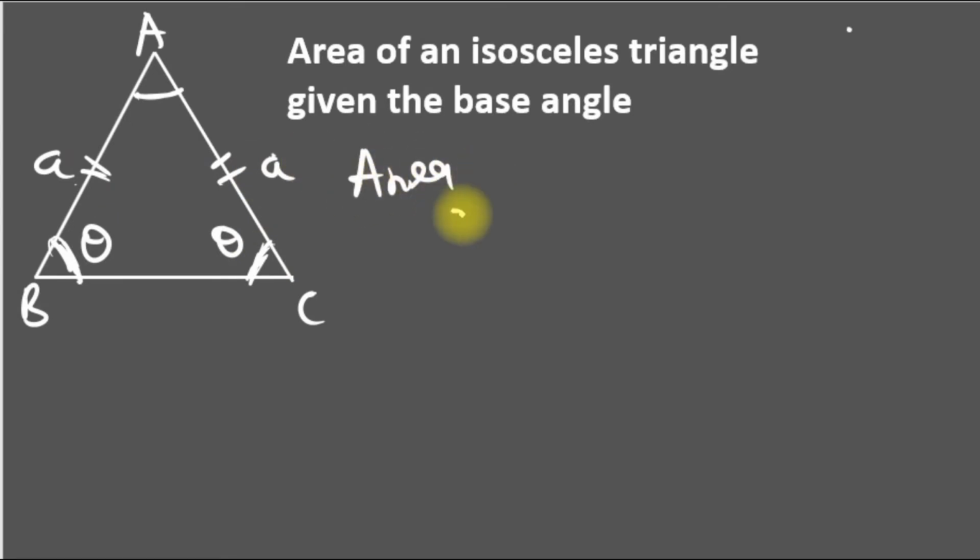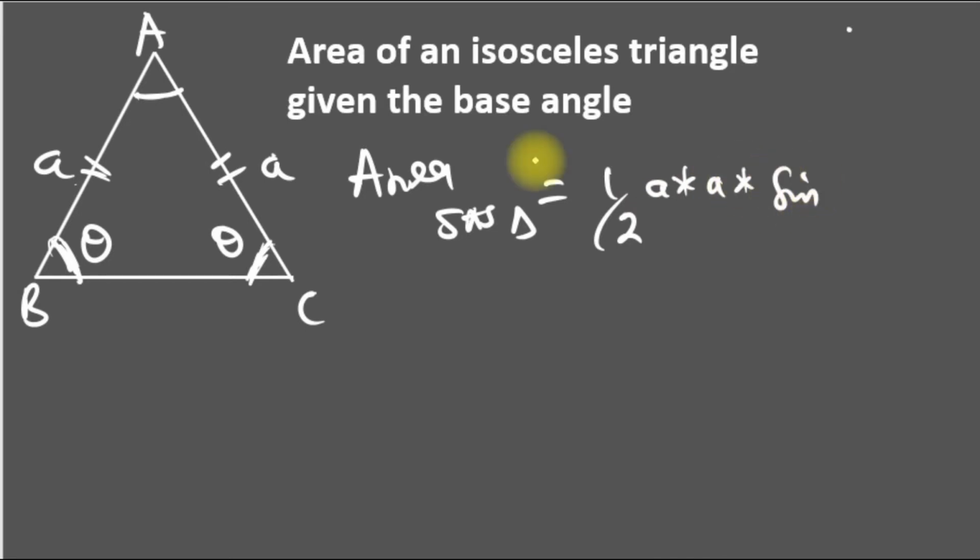Remember, the area of a side-angle-side triangle, SAS, is half A times sine of the angle between them. Do you remember? So the angle is A. But sine A, this is a triangle, and we know that if you add all the angles, it's always 180.